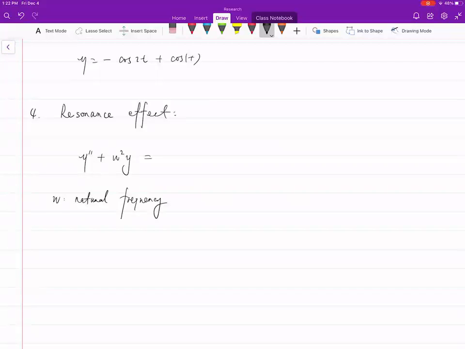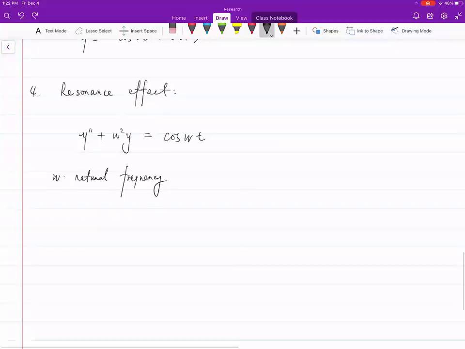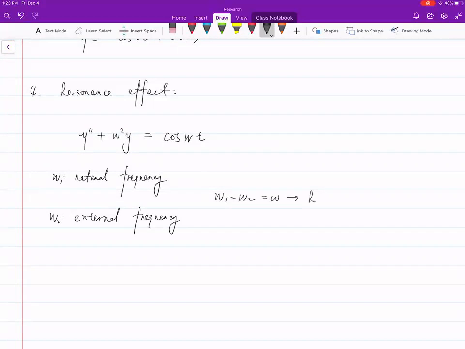Now you give it another external force which has exactly the same frequency. Usually this one is omega 1, this one is omega 2. They have different frequencies. But if they're the same, from physics experiments we know we are going to have a resonance effect. That's omega 1 equals omega 2 equals omega, which will give you something called resonance effect.